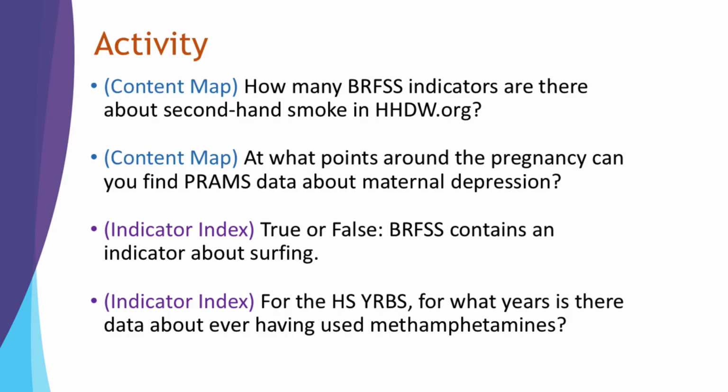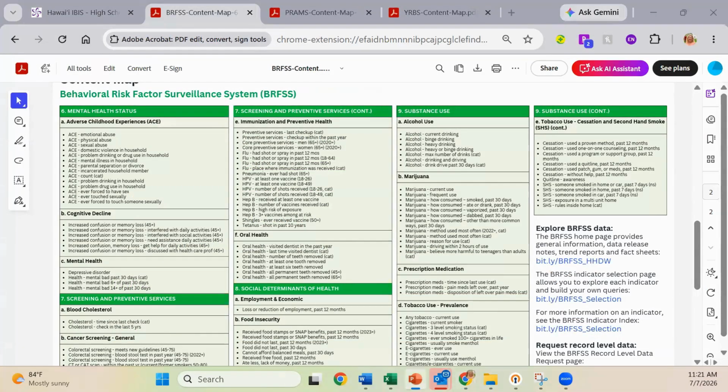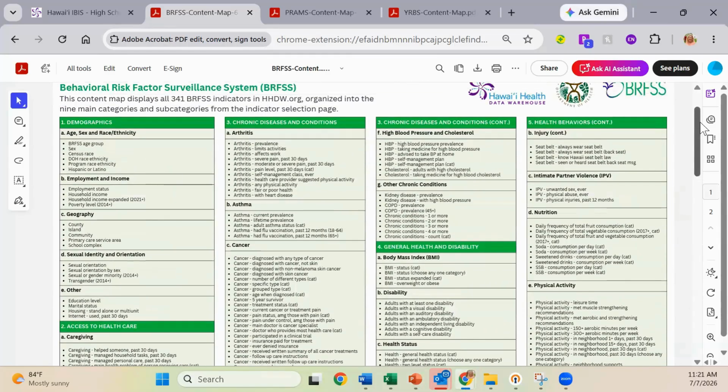Okay, let me go over the answers for these. The first one is looking at the content map for BRFSS. Let's go back to here. I have those loaded. It is asking how many BRFSS indicators are there around secondhand smoke in Hawaii. This is one where we have 2 pages.